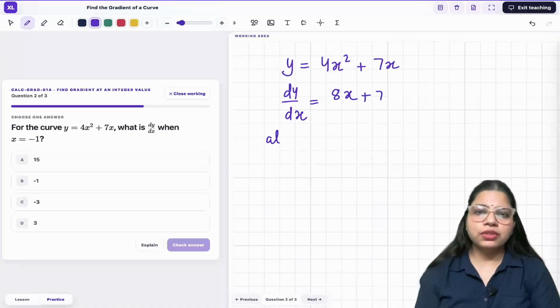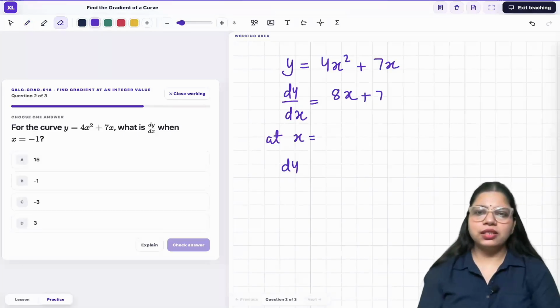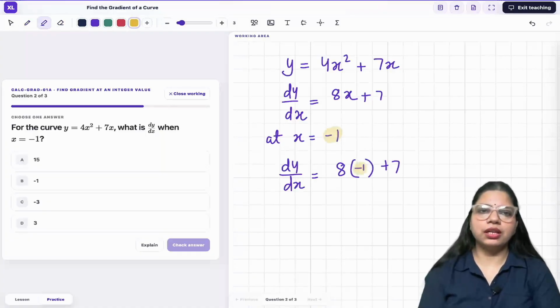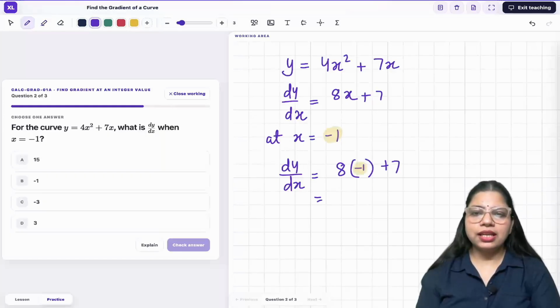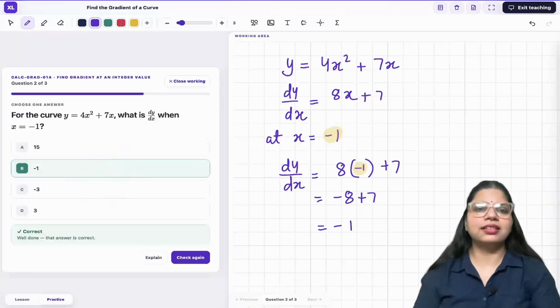At x equals minus 1, dy by dx will be 8 times minus 1 plus 7. As x is minus 1, we just substituted that. So it's minus 8 plus 7, that is minus 1. Yes, it is correct.